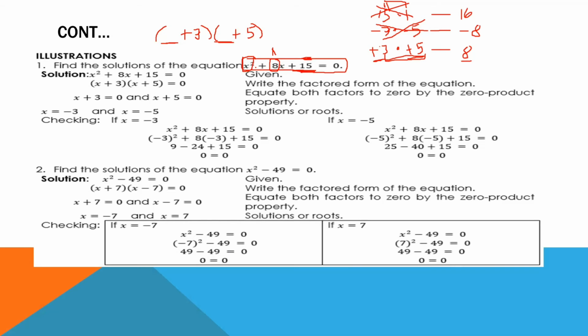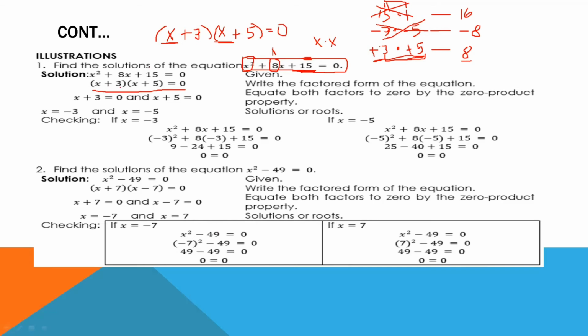So, anong gagawin natin para makuha natin yung factor? So, the factor of x squared is x times x. So, ibig sabihin, dito natin siya ilalagay. So, kaya kung nakita natin sa example, kaya natin nakuha ito dahil sa pag-factoring natin. Then, after that, equal to 0.